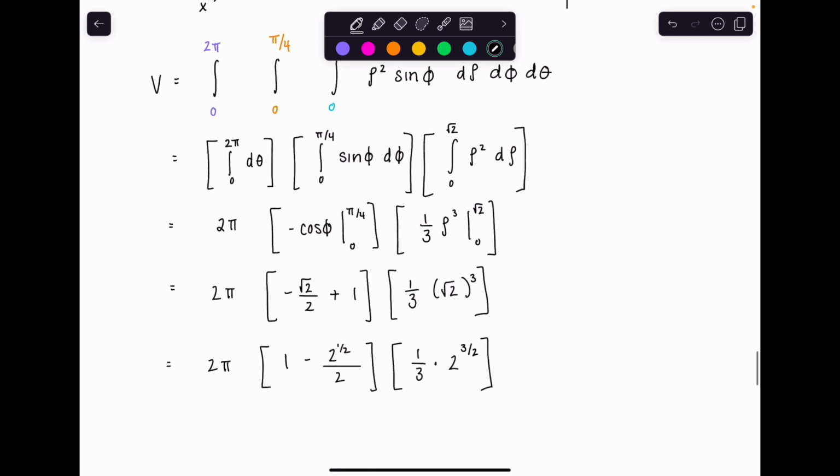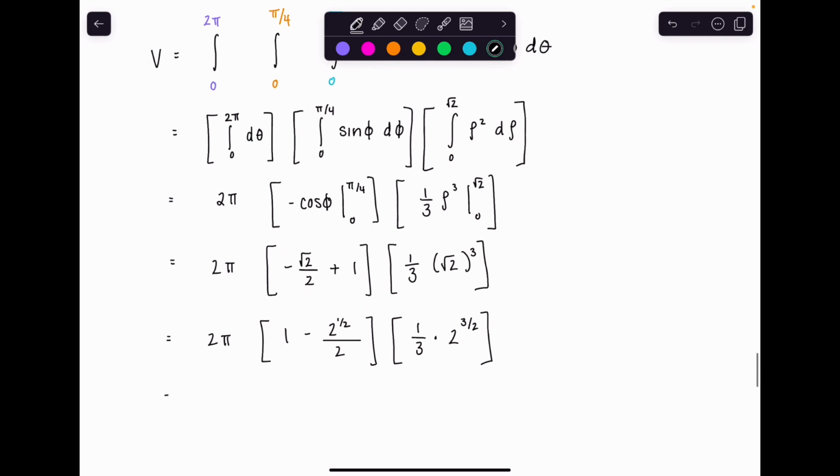Okay. And then really just distributing that, because the 2 pi out front is exactly the same. We're going to distribute this to the 1 and then distribute it to this piece as well. So you end up with 2 to the 3/2 over 3, which is exactly what we had before.